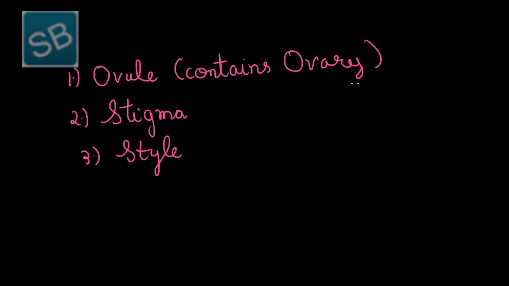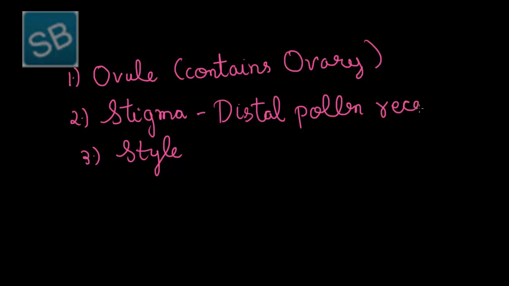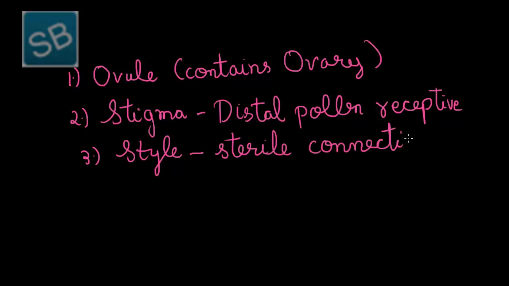In the structure of a pistil, the ovary is considered the proximal part. The stigma is the distal, pollen-receptive region. And the style is the sterile connecting part between ovary and stigma.